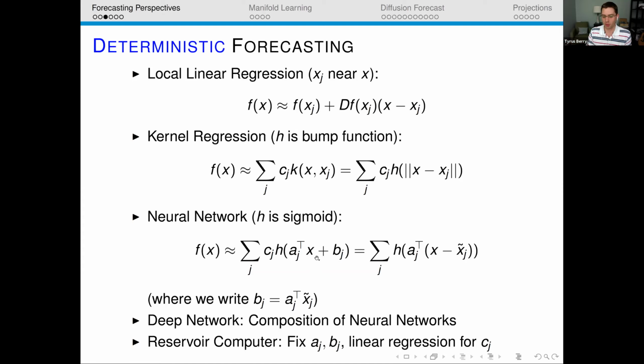But there's another way to think about this. If you take this constant bj, you could always write that as aj transpose times some xj. Now, xj is not actually a data point, so I want to think of it as a pseudo data point. I just want to make their formalism look a little more like mine. If you do that, and I should put a minus sign here as well, and factor out the aj, then you can still think of this as some nonlinear transformation of the difference between x and a data point.